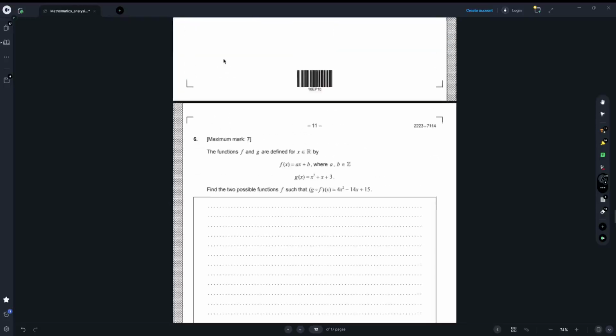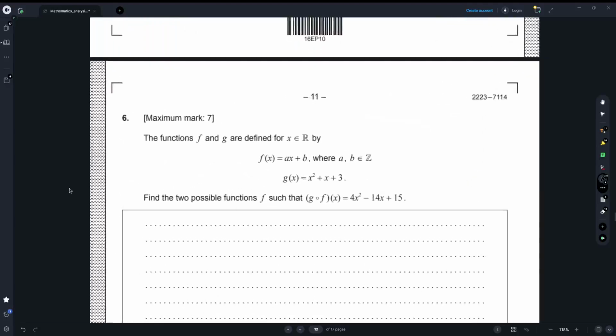So this question right here, question 6, is a composite functions question. They want us to find two possible functions such that g of f of x is equal to this function right here.